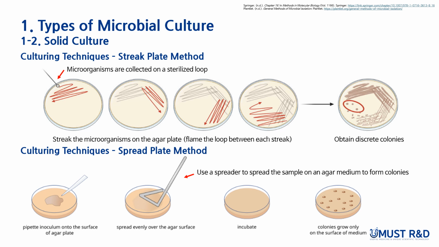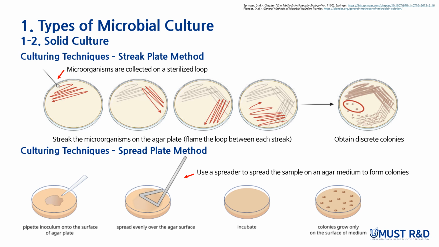Initially, a high concentration of bacteria is streaked onto one part of the agar, but with each subsequent streak, the bacterial concentration decreases, resulting in individual colonies forming in the final streak section. Make sure to sterilize the inoculation loop between each streaking.